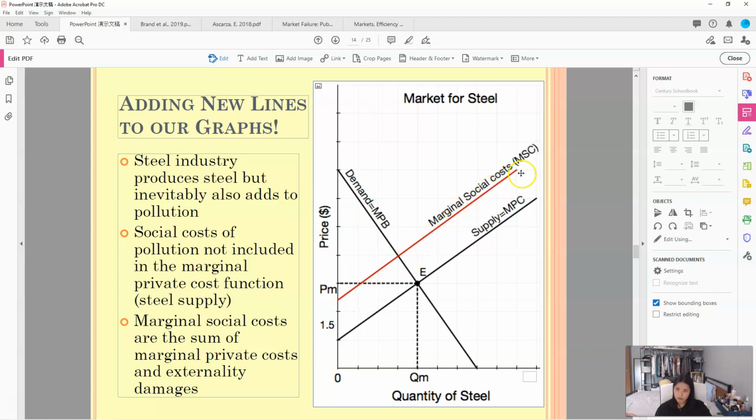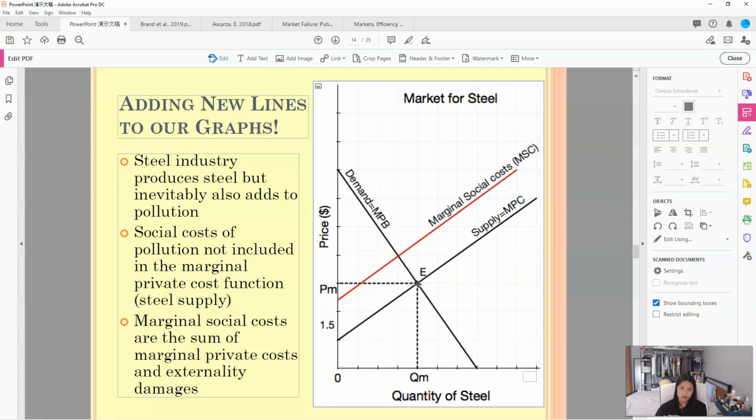So that red line would be the marginal social costs curve. From the society's perspective, the optimal level would be the intersection of the red line and the marginal private benefits curve rather than E. So that's another example, the negative externality example that leads to markets failing.